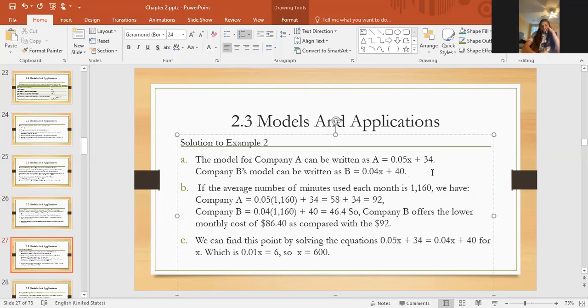So company B offers the lower monthly cost of 86.40 as compared with the $92 for company A. If we want to know how many minutes will both companies charge the same, we set A equals to B in our equation and solve for X, and we find out that X equals 600.